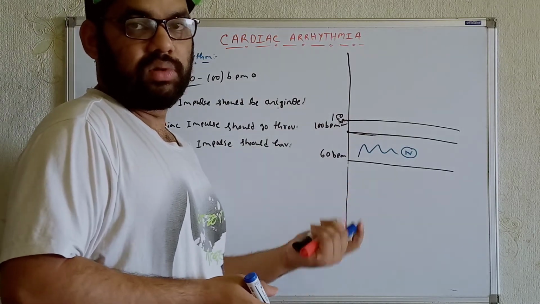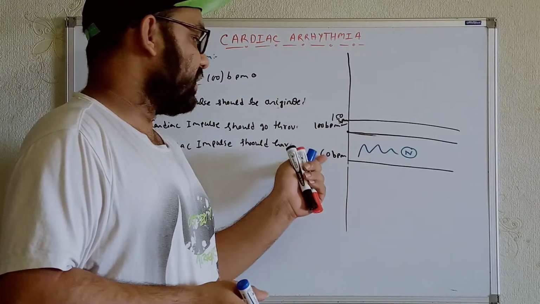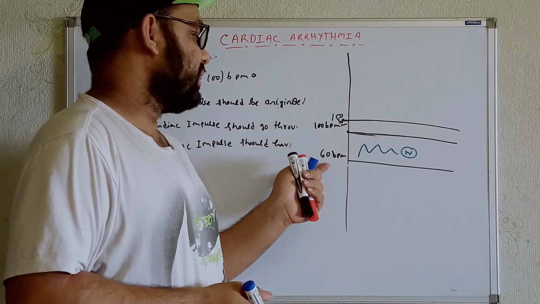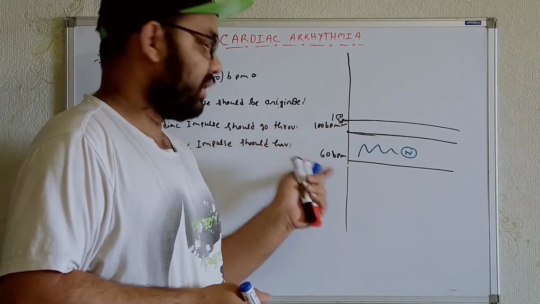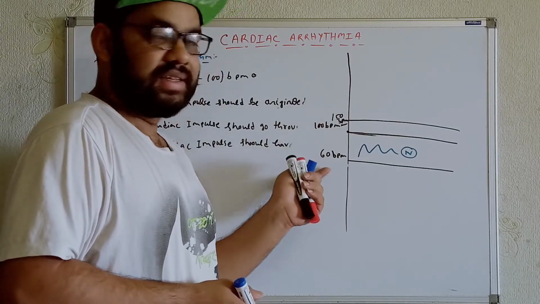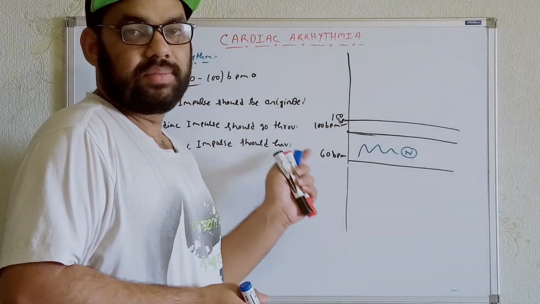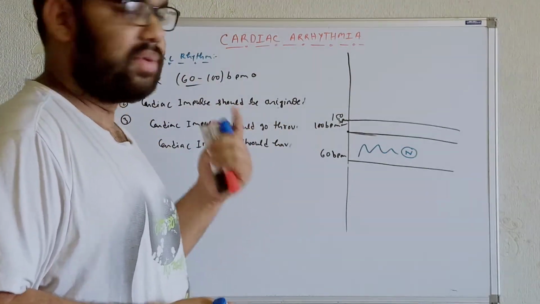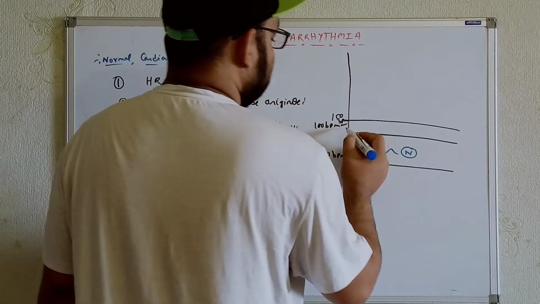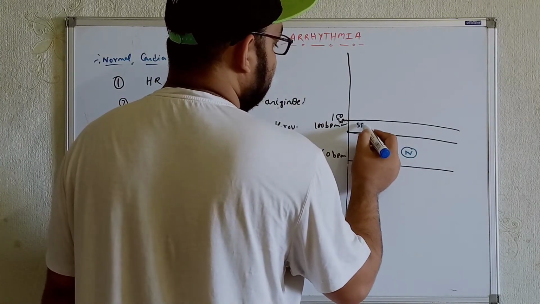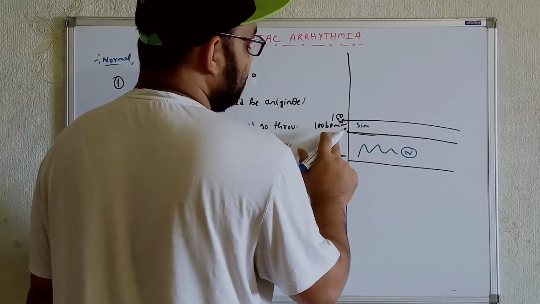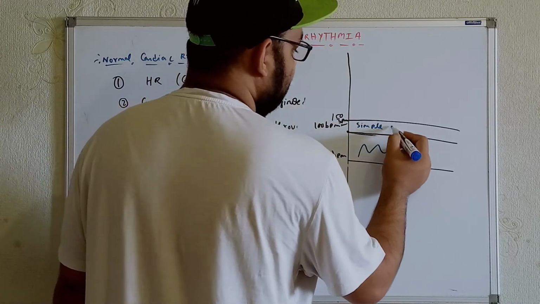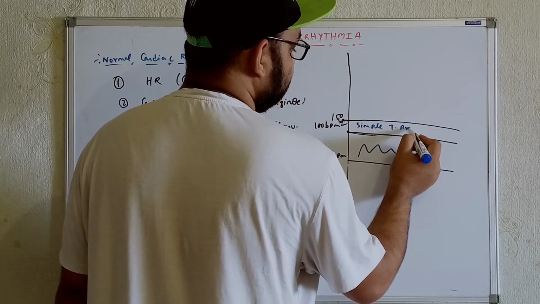Whenever it goes down, less than the normal level, I mean less than 60 beats per minute, we have to consider it as bradyarrhythmia, and more than 100 beats per minute will be regarded as tachyarrhythmia. So the first thing we get over here is the simple tachyarrhythmia, when it lies between 100 and 150 beats per minute.